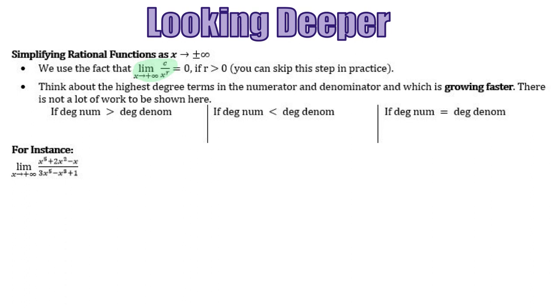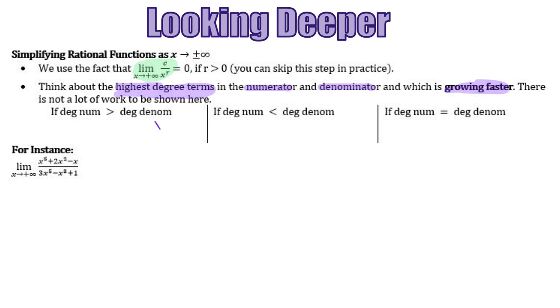But let's generalize this a little more for polynomials or for rational functions. If we think about the highest degree term in the numerator and the denominator, and which of those terms is growing faster, that will allow us to make a determination about what's happening as we approach infinity.